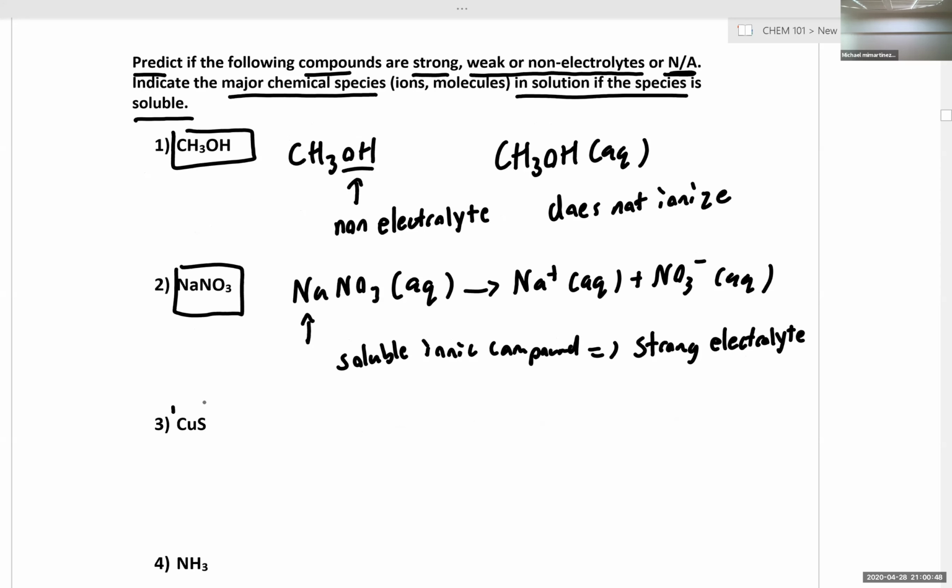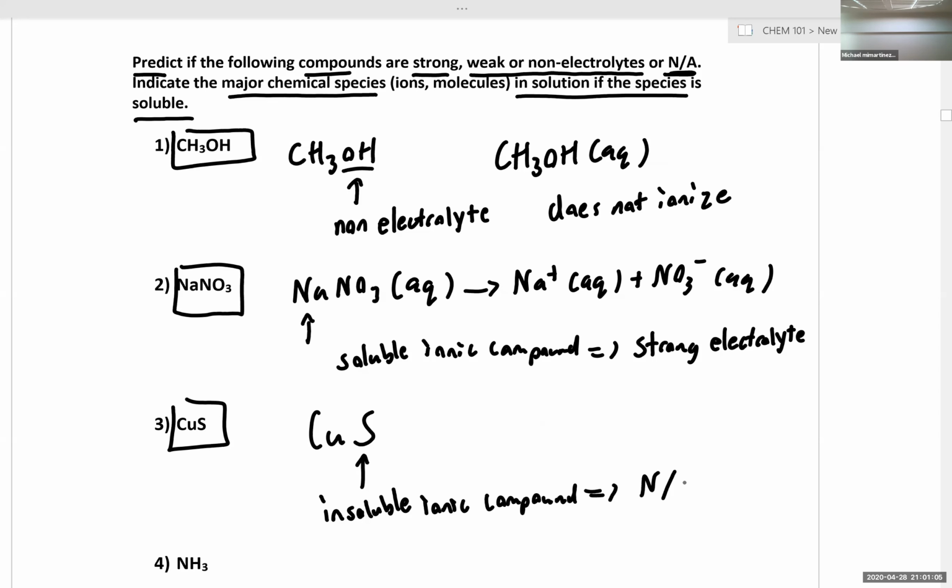Okay, copper sulfide, CuS. I know that sulfides, for the most part, are insoluble, so this is an insoluble ionic compound. I denote this as not available. It gets a solid symbol, but it does not dissolve, so there's nothing in solution. Does this make sense so far to everyone?